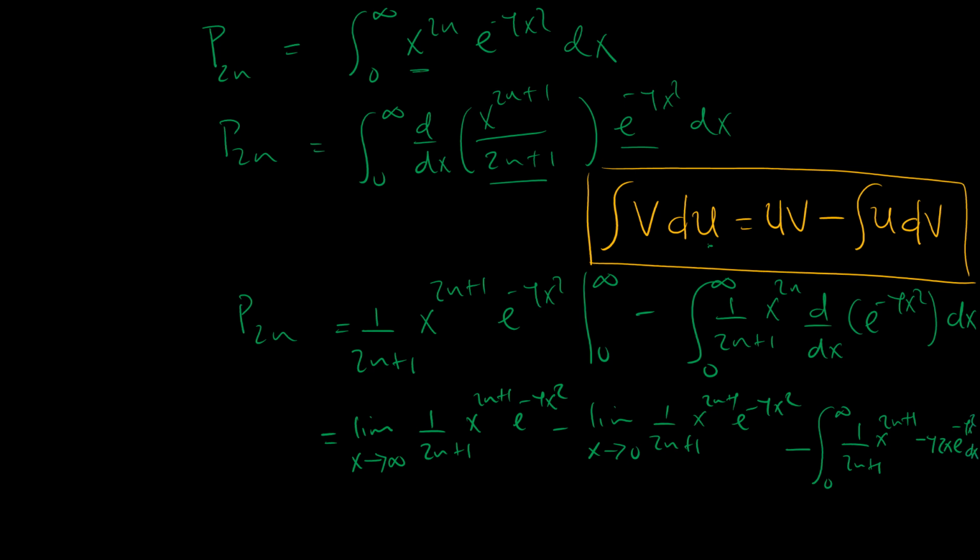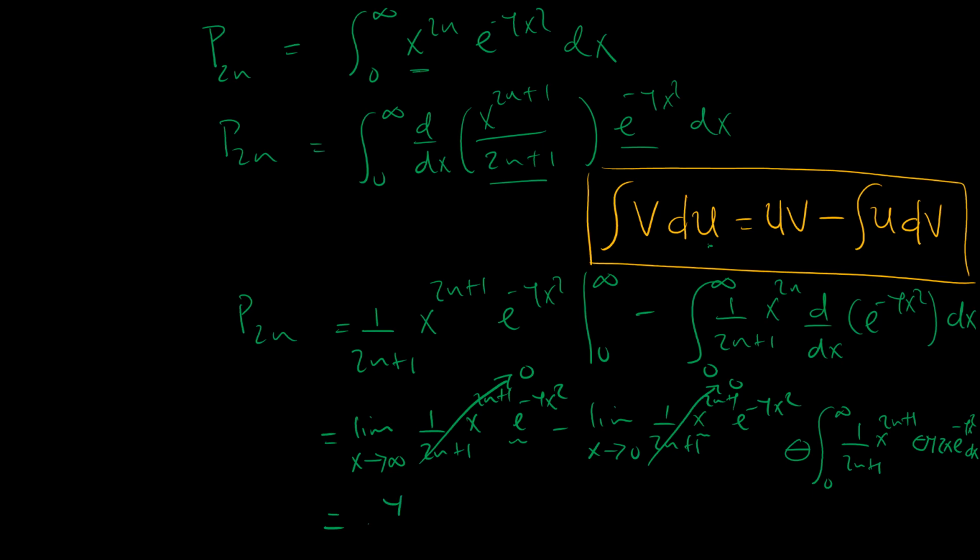This goes to 0, this goes to 0. Why? Because as x tends to infinity, this component tends to 0. As x tends to 0, this component tends to 0. So this negative here and this negative can be multiplied together to yield a positive sign there. And then we can pull this constant out. Y is also a constant for us here with this integral.